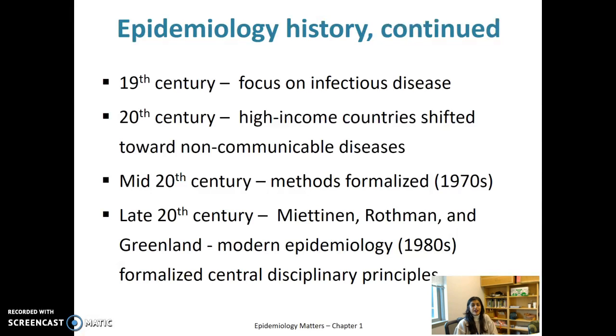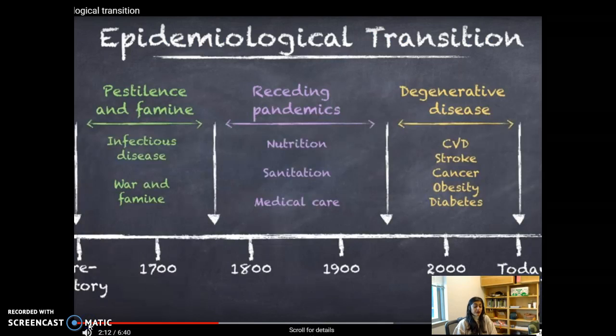If you remember from fall quarter, we studied the epidemiological transition, and that there were three major phases: pestilence and famine, which were characterized by mostly infectious disease, wars, and famine; receding pandemics, which were nutrition-related, sanitation, medical care; and degenerative diseases, which is sort of the problems of today and the last about 100 years in the Western world.